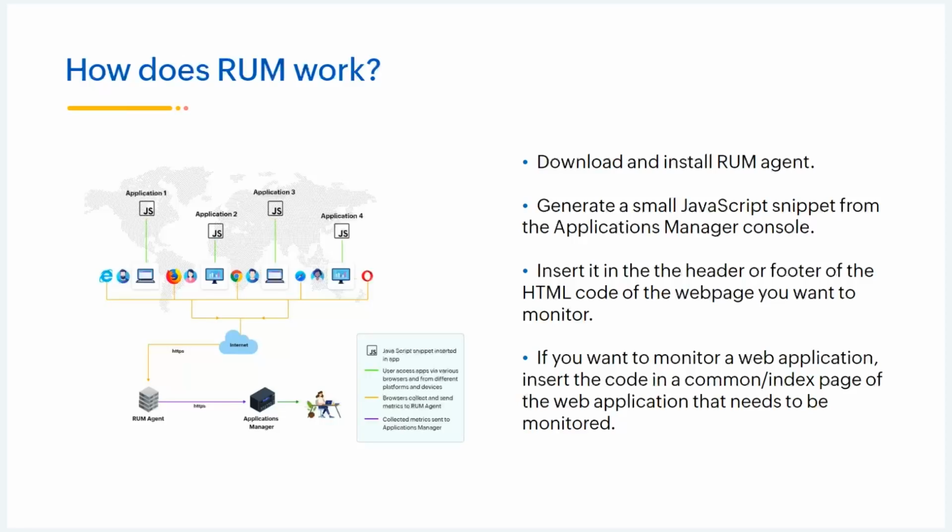So once the JavaScript snippet is loaded, it acts as a core component that collects performance data and continuously transmits it to the RUM agent. Then the RUM agent will communicate between the JavaScript code and the Applications Manager web client, displaying the captured data.